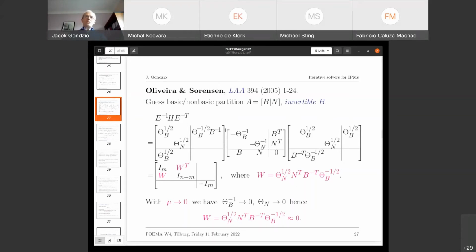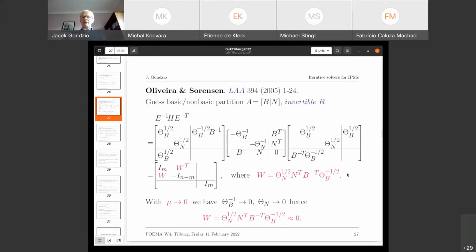And this matrix can be pre-multiplied and post-multiplied to preserve symmetry by the appropriately chosen preconditioner from the left and preconditioner from the right. And if we do it, then a little bit of linear algebra, nothing frightening, but requiring a little bit of patience, would convert the matrix to this form, in which everything on the diagonal comes down to identities of appropriate dimensions, but there is this off-diagonal block W.